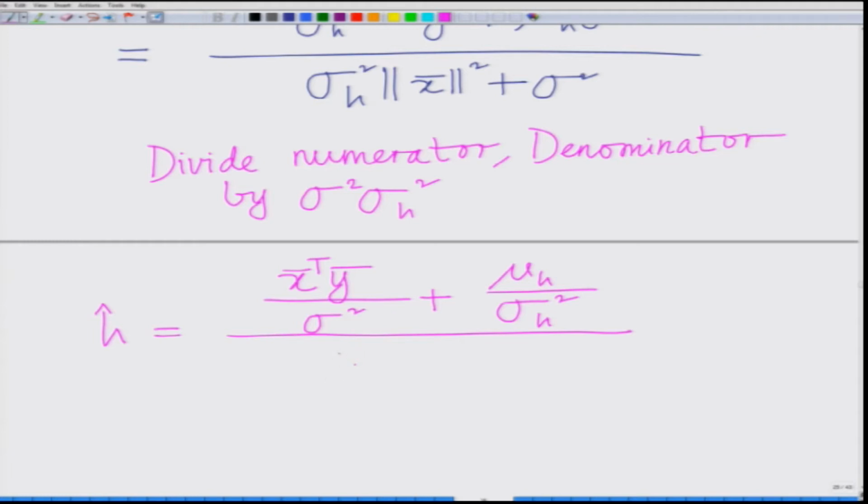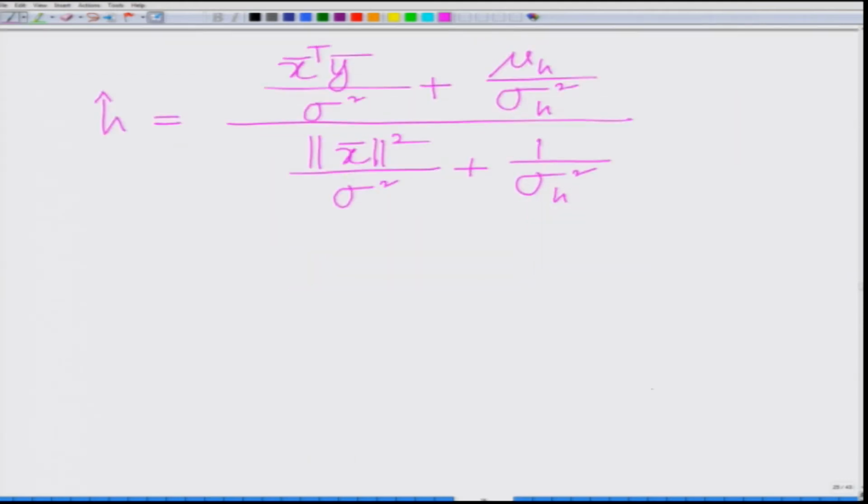So basically you will get 1 divided by norm x bar square divided by sigma square, that is the first term, plus 1 divided by sigma h square, and I can simplify this further just by the last step.